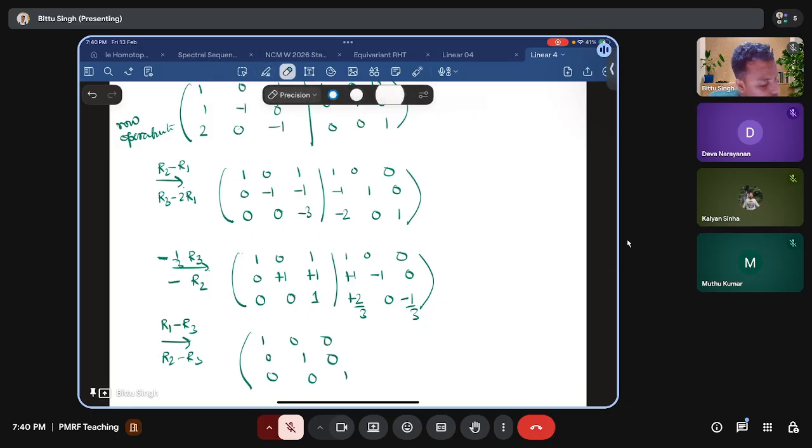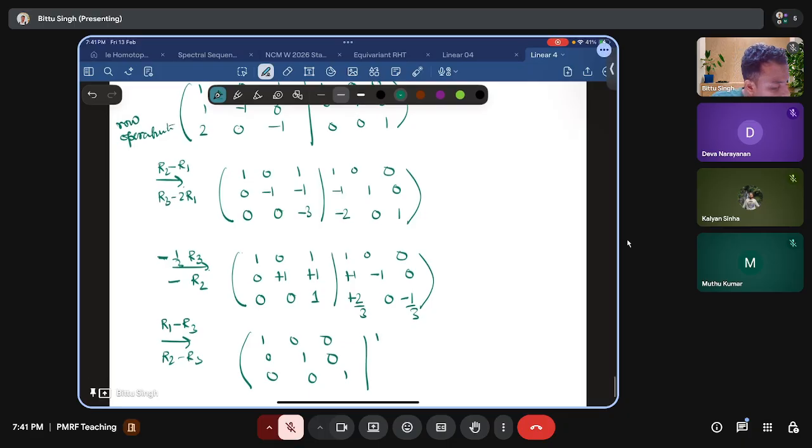This side is easy to calculate, we already know, but here we need to calculate. So 1 minus 2/3 which is 1/3, then 0, and then 0 plus 1/3 which is 1/3, and 1 minus again 2/3 is 1/3, -1 and plus 1/3.